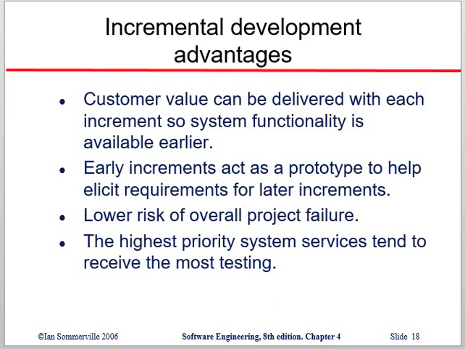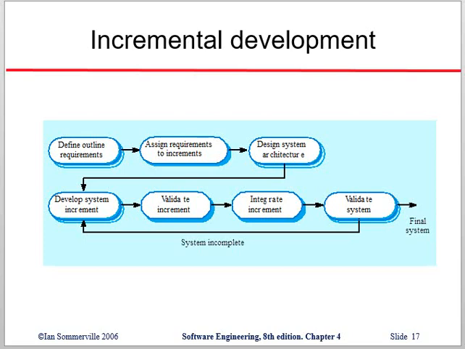In incremental development, let us suppose a customer comes to you and tells you, I need a software. Then you divide your team into three parts. Let us suppose you have 15 members in your software company and you divide them into three teams of 5, 5 and 5.